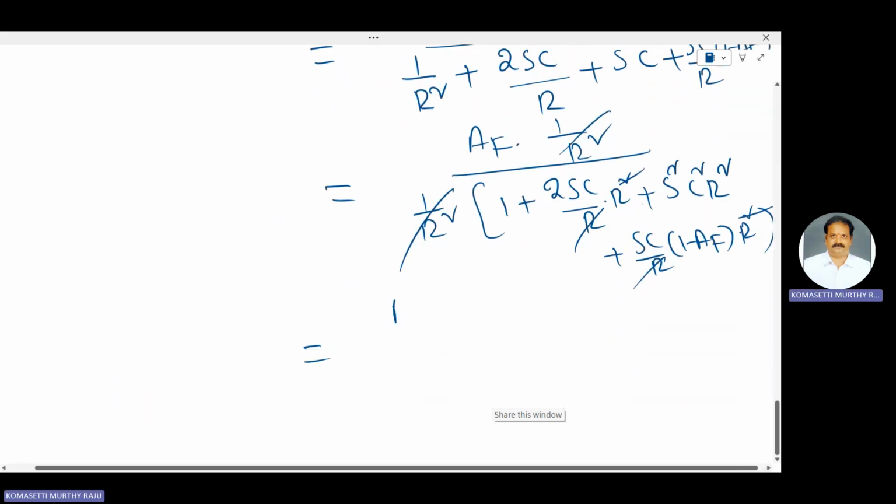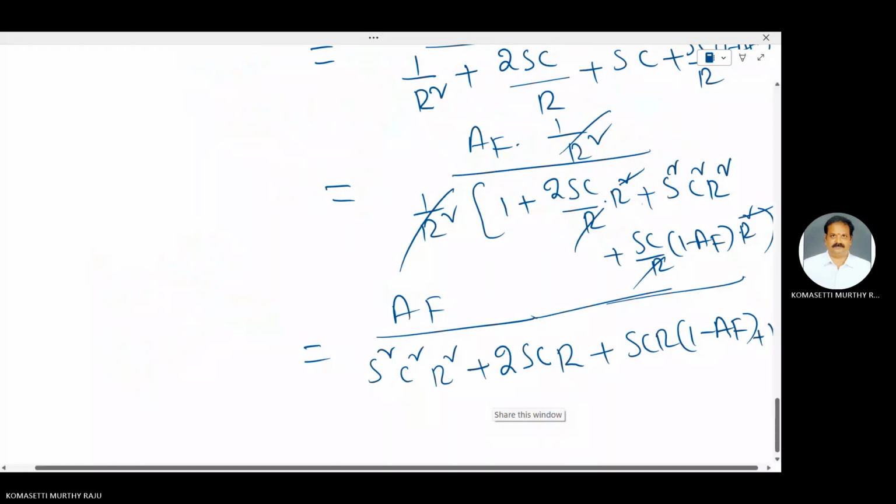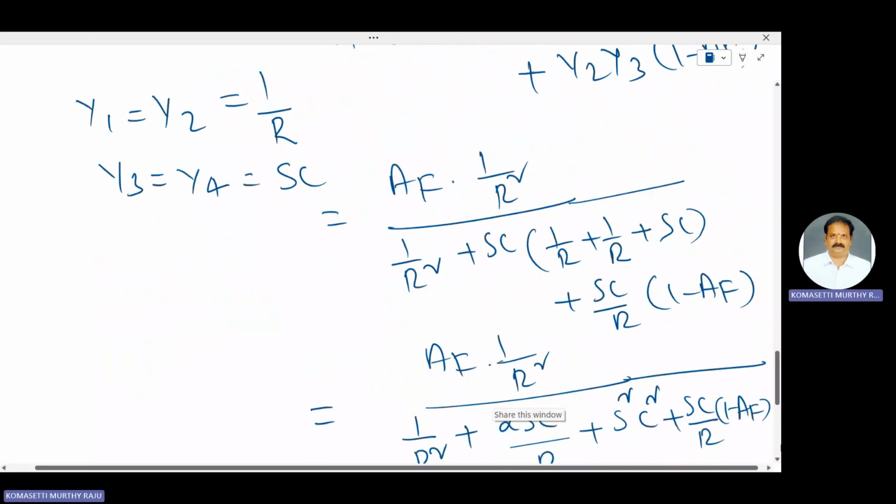That is equal to AF by S square C square R square plus 2 SCR plus SCR into (1 minus AF) plus 1.